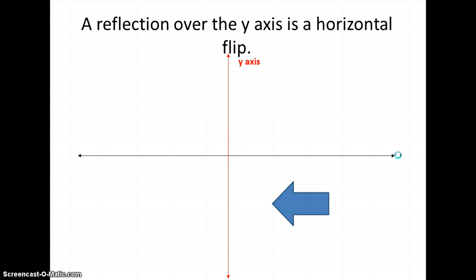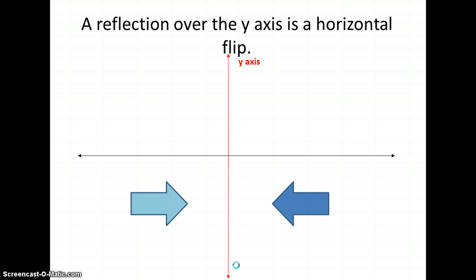If I want to do a reflection over the y-axis, that's going to be a horizontal flip. You can imagine or put your pencil along the y-axis because that's the axis you're reflecting this figure over. And imagine that this figure, this arrow, needs to jump over that pencil.